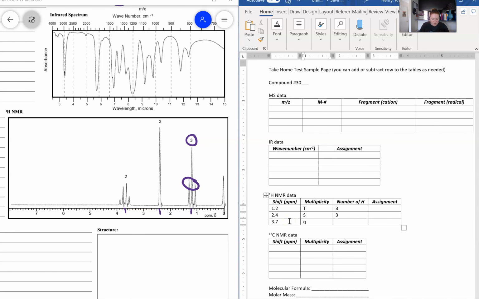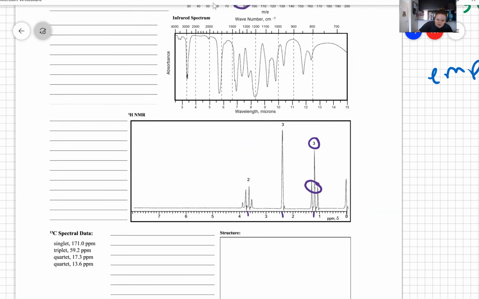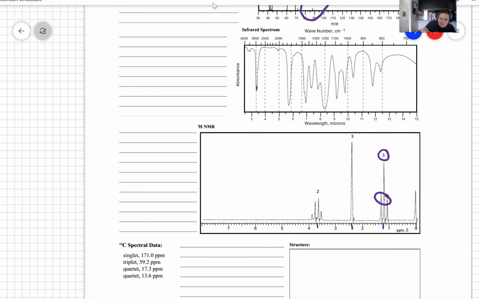And that is a quartet and 2 hydrogens. So just from this information, I know that I have a methyl, I know that I have another methyl, and I know that I have a CH2.